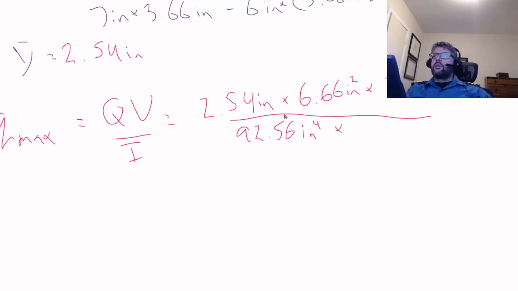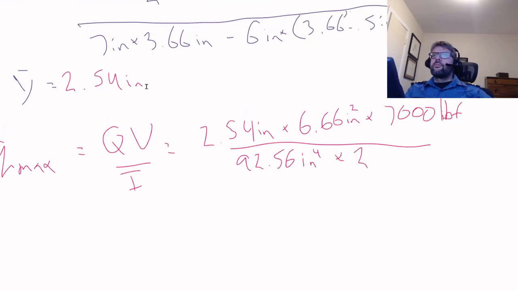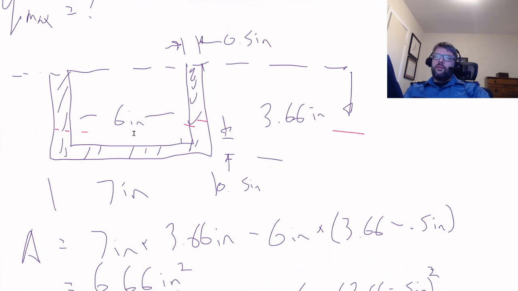Oh, and divide by 2 again, because that'd be the maximum shear flow split up over these two sections.